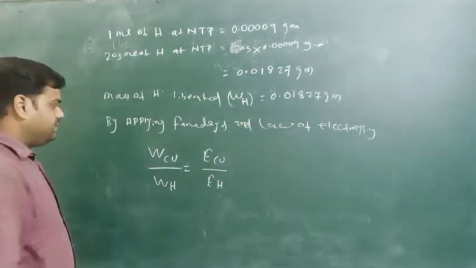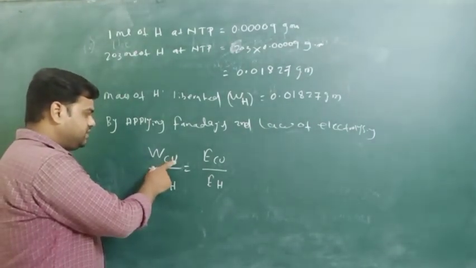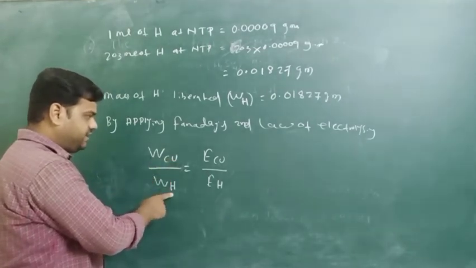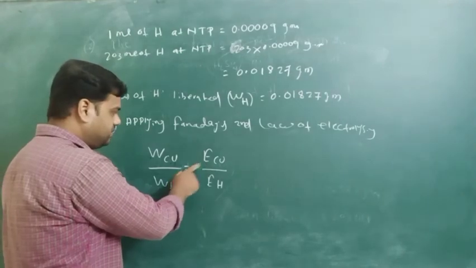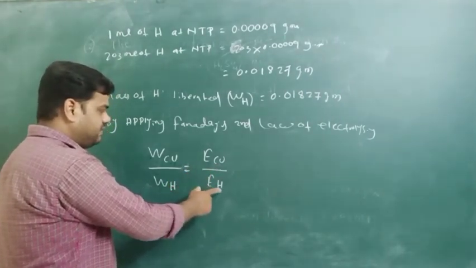It means the mass of copper deposited divided by the mass of hydrogen liberated is equal to the equivalent mass of the copper divided by the equivalent mass of hydrogen.